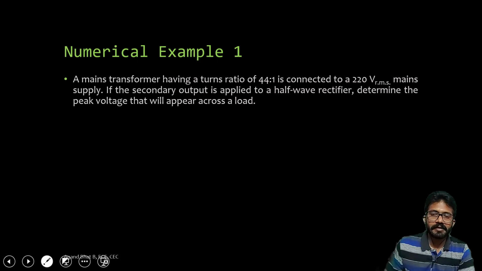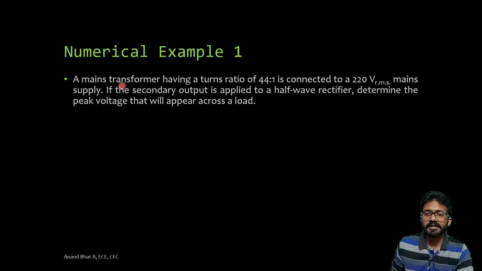In this example, let us try to understand the question. The mains transformer having a turns ratio of 44:1 is connected to 220 volt RMS main supply. If the secondary output is applied to a half wave rectifier, determine the peak voltage that will appear across the load.